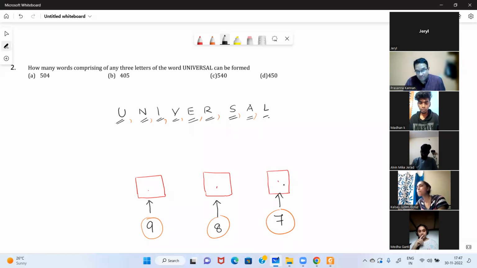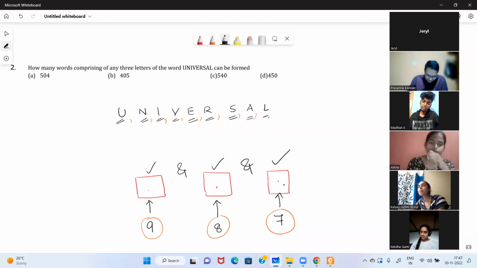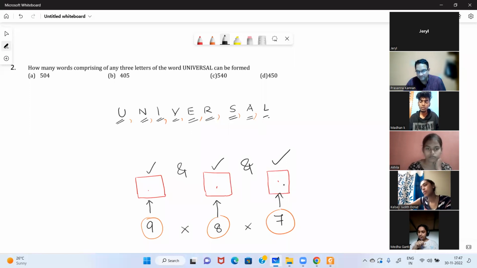We want all 3 positions to be filled. I want the first position to be filled, and the second position to be filled, and the third position to be filled. So it's the fundamental principle of multiplication. So it's 9 into 8 into 7, and that would be 504. So that becomes your answer.